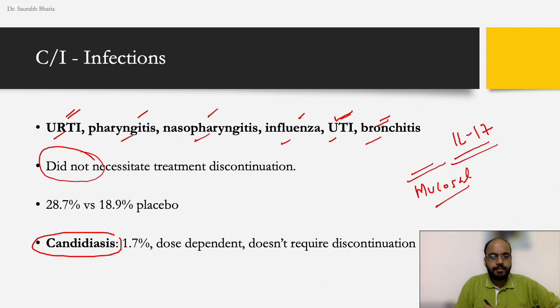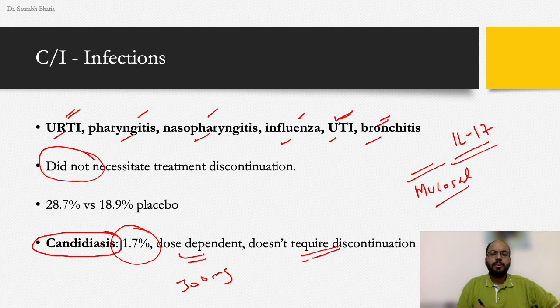Similarly, candidiasis is another infection which has been specially reported with patients who are receiving secukinumab. Okay, so it has been reported in 1.7% of patients. It is dose dependent. That means the risk increases if you are using 300 mg instead of 150. But it also does not require discontinuation and requires treatment.